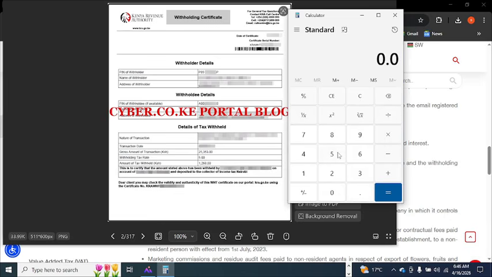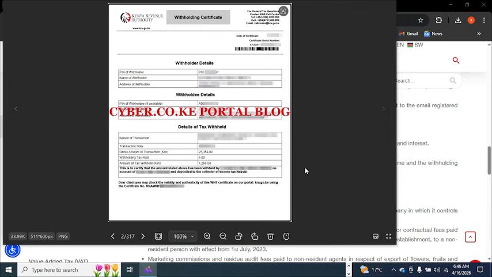So this is 0.05 multiplied by 1268. So this is an amount of 63.4 shillings. If it's a huge sum, this is a lot of money to lose if we are filing huge amounts.